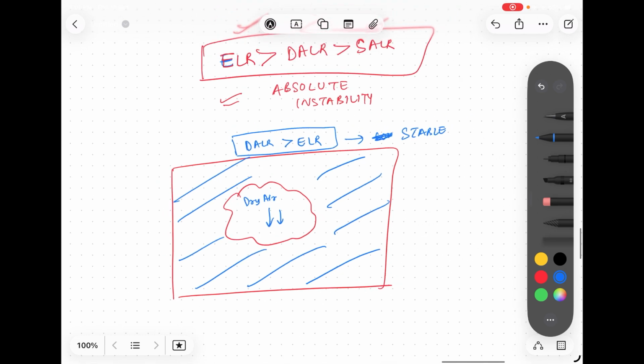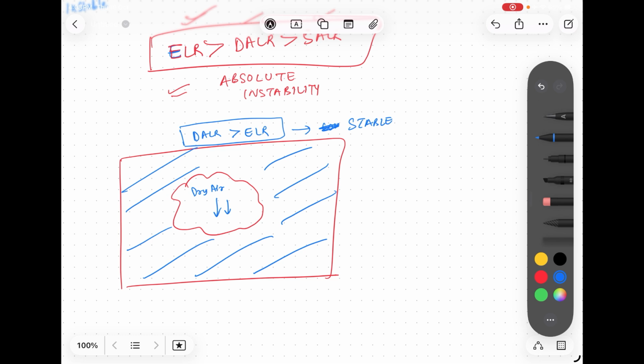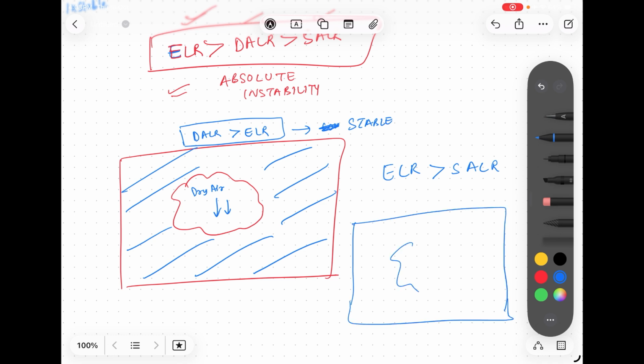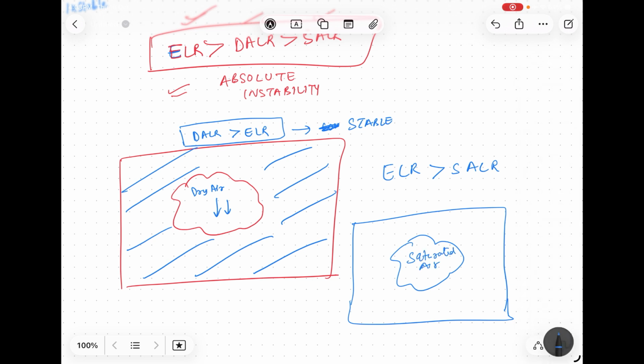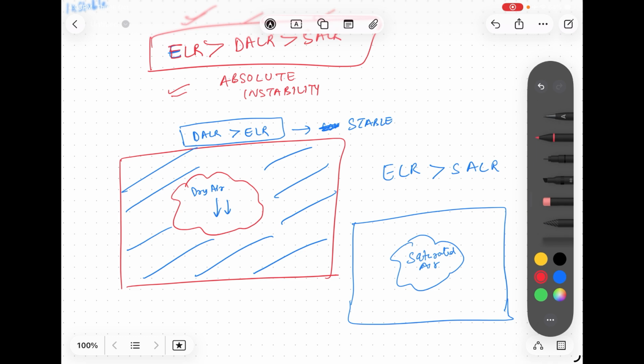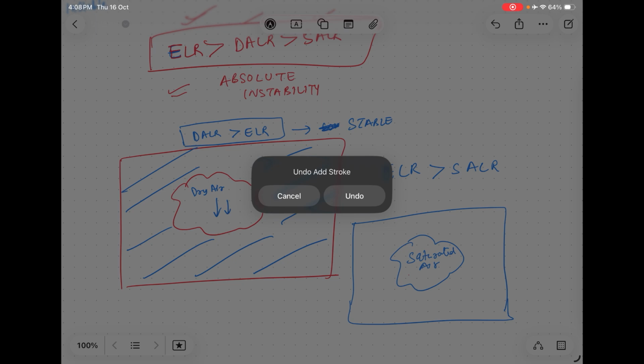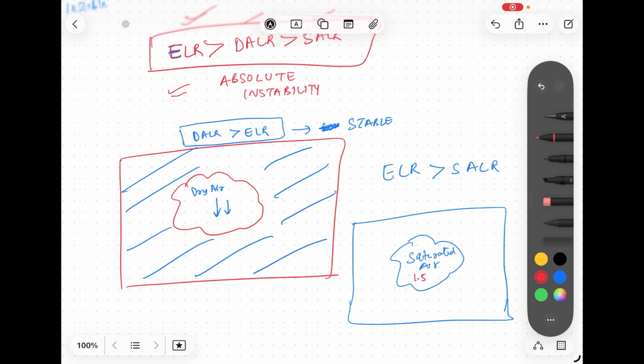Now on the same day, maybe our ELR is more than SALR. That means that if I take another box of atmosphere and I put a bubble of saturated air, and today my saturated air lapse rate is maybe 1.5 degree Celsius, and my environment lapse rate on the outside is 2 degrees Celsius.